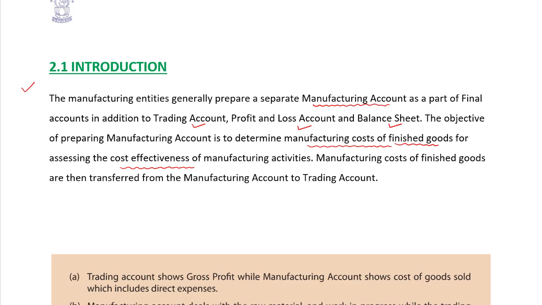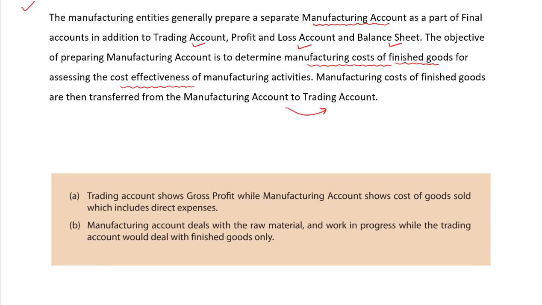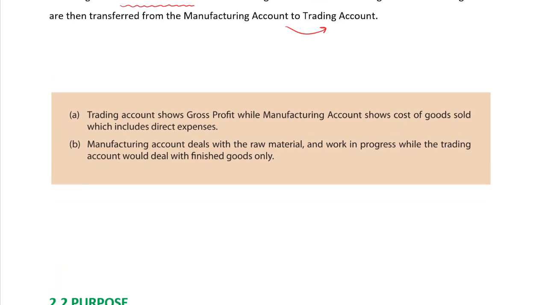Manufacturing cost of finished goods is then transferred from manufacturing account to trading account. Trading account shows gross profit, while manufacturing account shows cost of goods sold, which includes direct expenses. Manufacturing account deals with raw material and work in progress, and trading account deals with finished goods only.